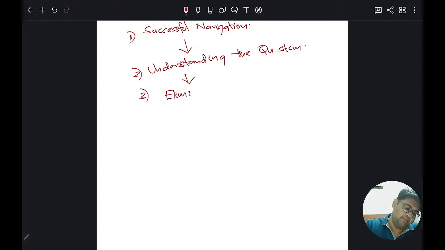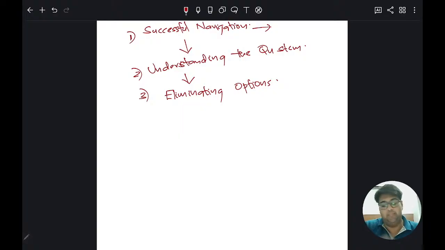These three things should be done as fast as you can. But don't rush when you are reading the passage. Take your time, because if you don't understand it you need to reread it, and that defeats the purpose.